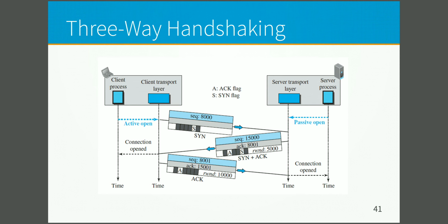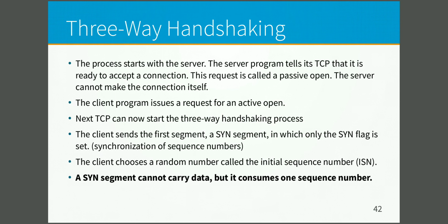So once this SYN flag is set, it means that the client wants to set up a connection. SYN stands for synchronization of sequence numbers. For data to be transferred, there is a requirement for synchronization between the sequence numbers and the acknowledgement being sent by the receiver.